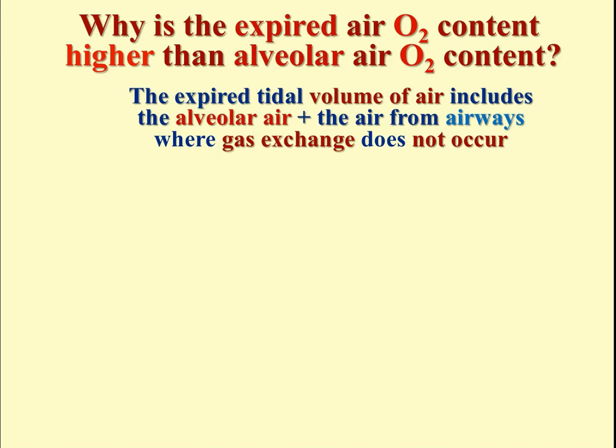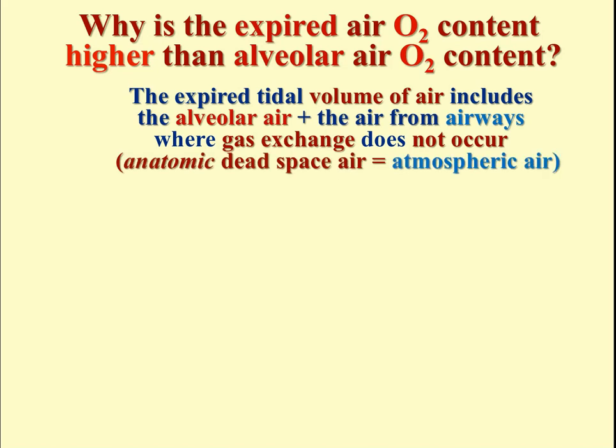It differs from the alveolar air volume because only portion of the inspired air reaches the alveolar space, and part of this air remains in the respiratory airways. And when we expire correspondingly, the first portions go out of the airways, which is anatomic dead space. Why it's called dead space? Because there is no exchange and the air remains of the same composition, so it's simply atmospheric air.